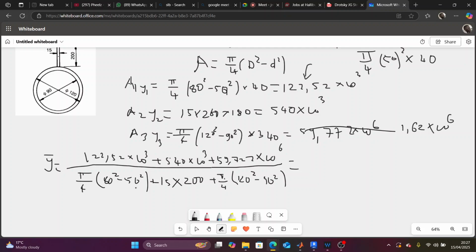Okay. I'm calculating the centroid. No, total area.